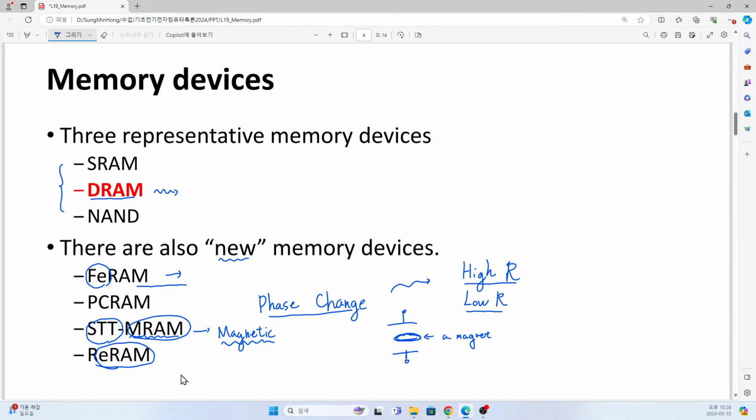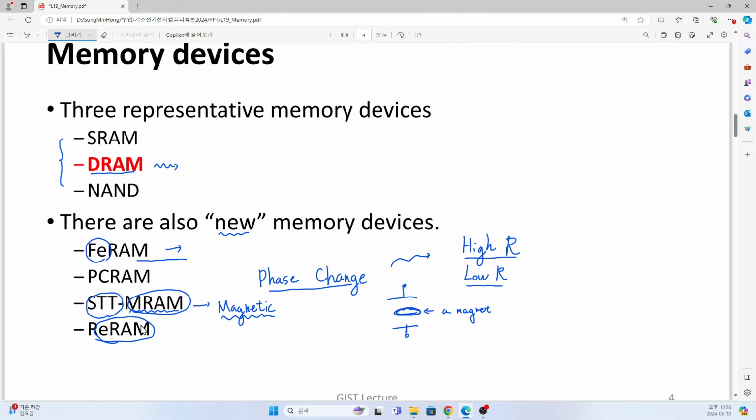Finally, here we have another RAM called RRAM. Here RE corresponds to resistive. Everything shown here is actually resistive, but here resistive means that usually we also have a two-terminal device, and in between we have a certain material.